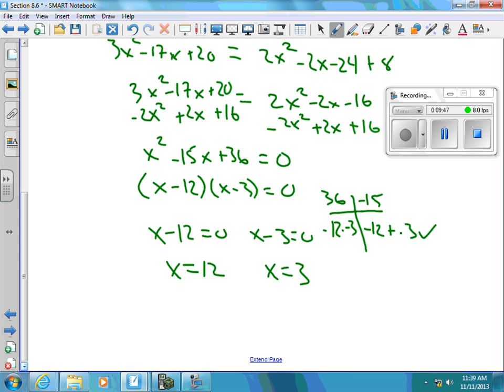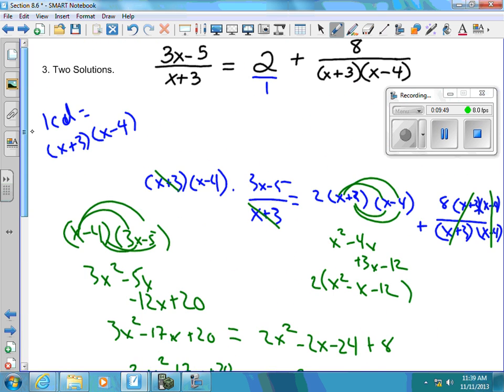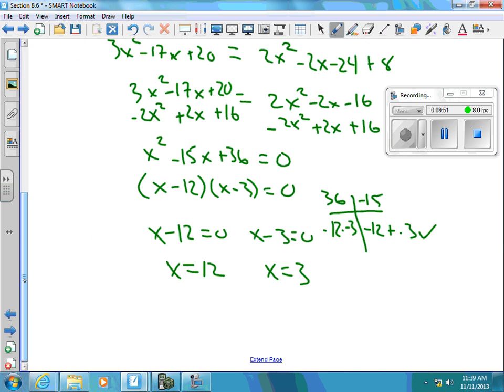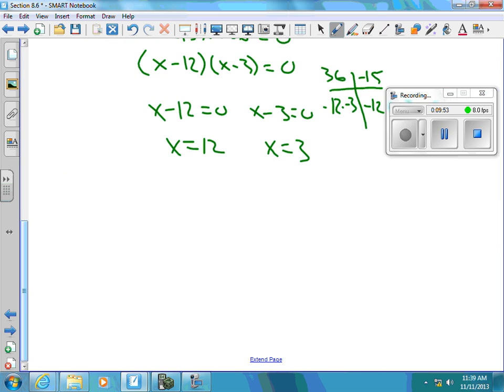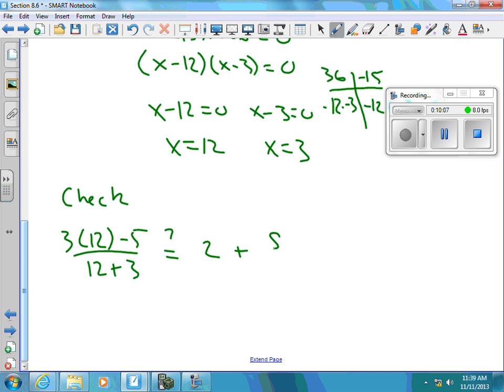Now, when we do it this way, you really got to go back and check your solutions. You got to go back to that original equation and make sure that both values work in the equation. 3 times 12 minus 5 over 12 plus 3. Does that equal 2 plus 8 over 12 plus 3 times 12 minus 4?